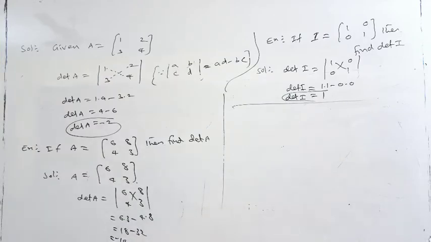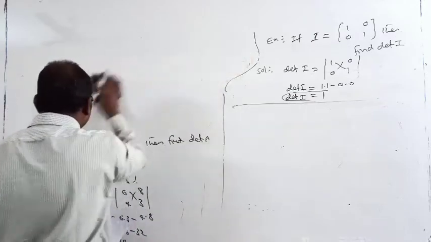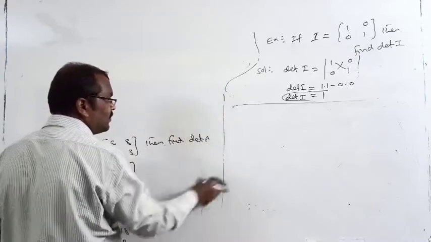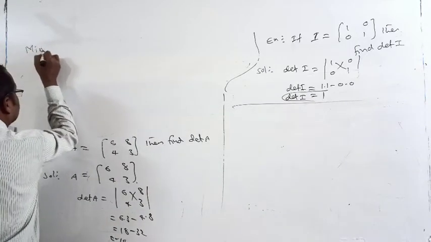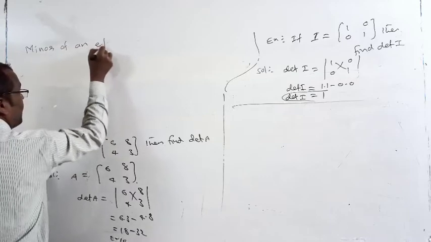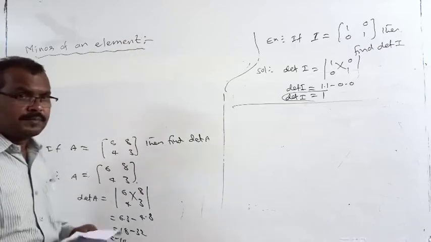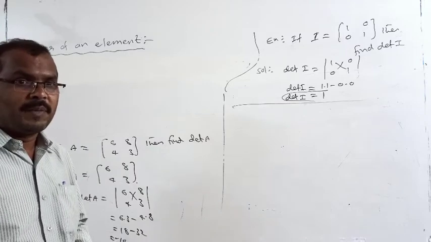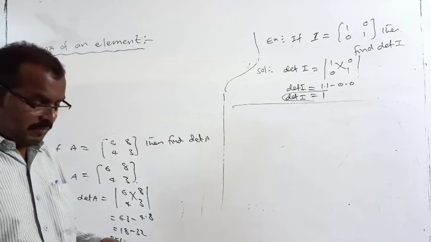So the next item is the minor of an element.